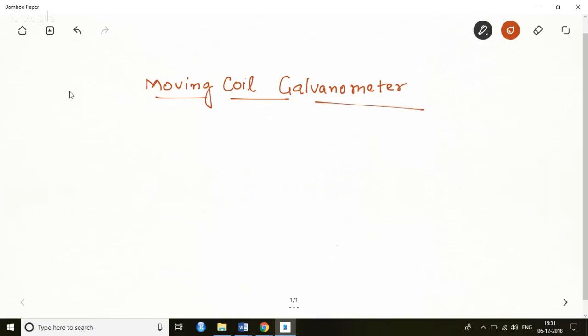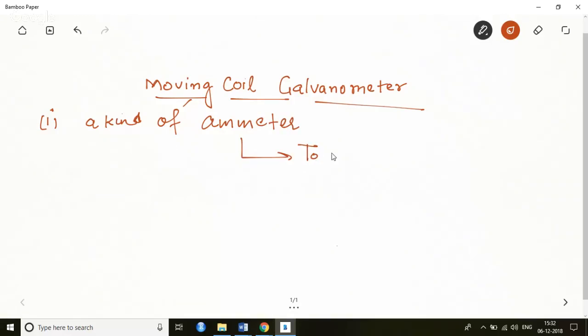Moving coil galvanometer is a kind of ammeter. What is the use of an ammeter?